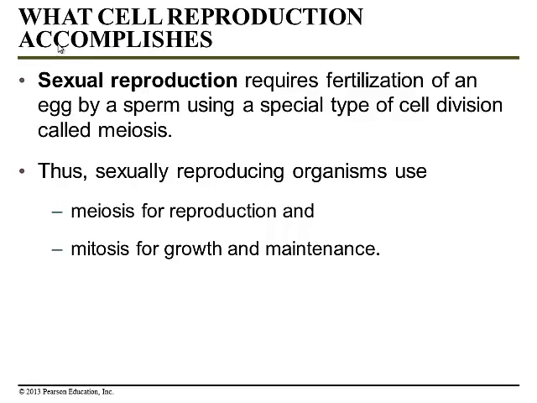And they have half the genetic material that our somatic cells have. What does soma mean? Body. So mitosis for growth and maintenance, meiosis for reproduction.